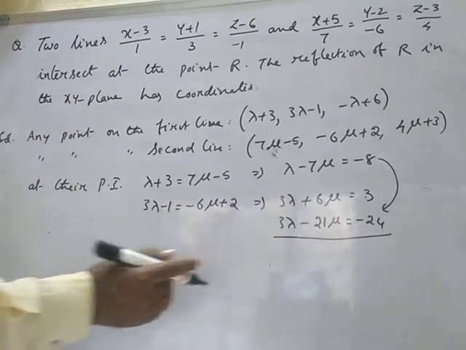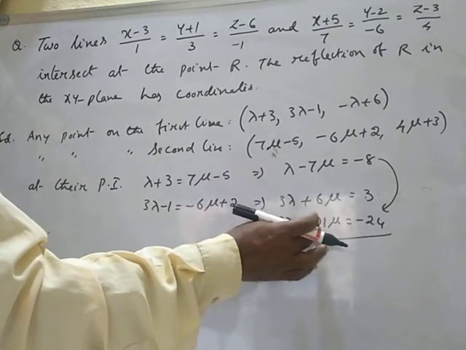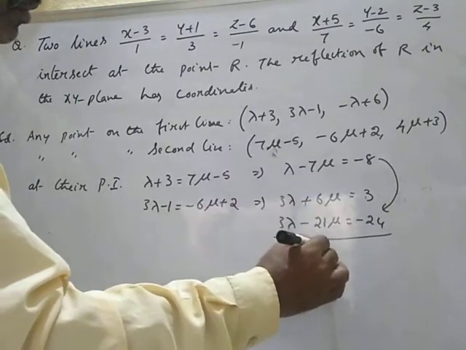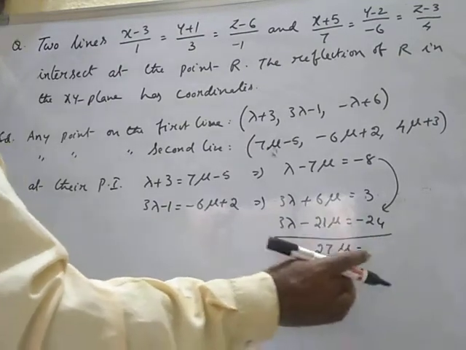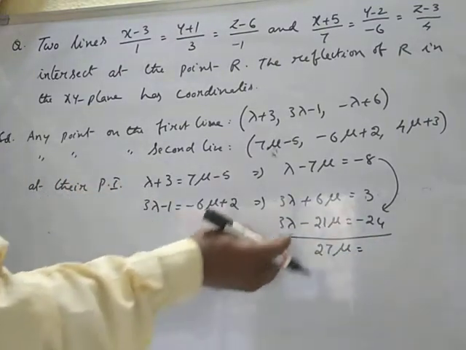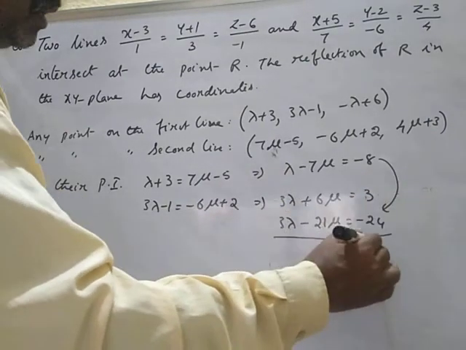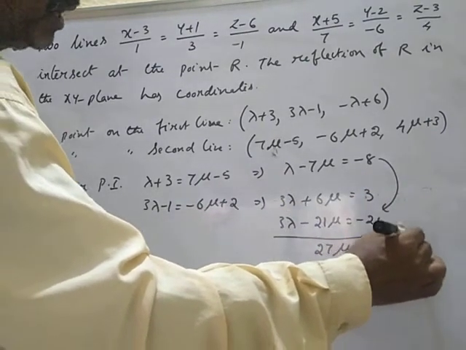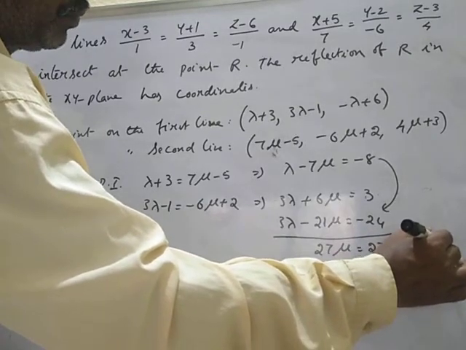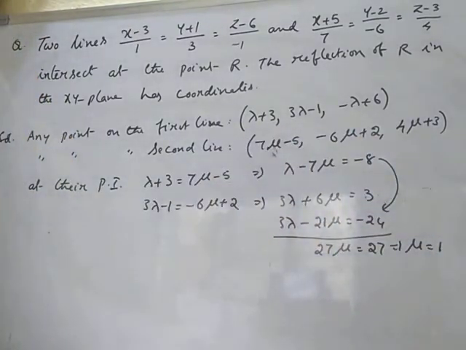By subtracting, we get 27 mu is equal to 27. That implies we get mu is equal to 1.